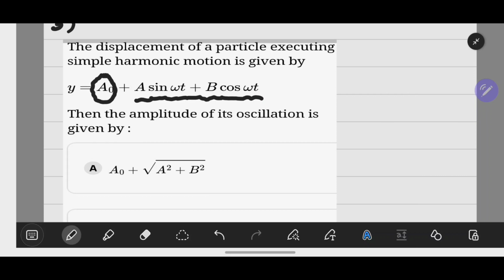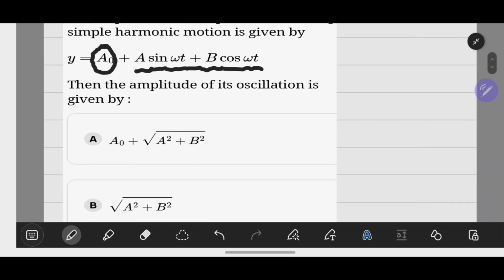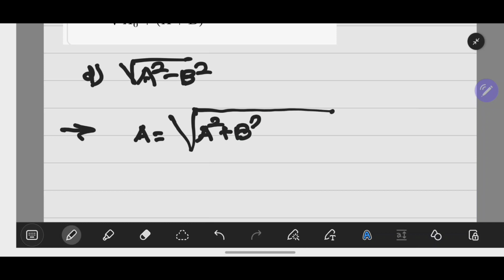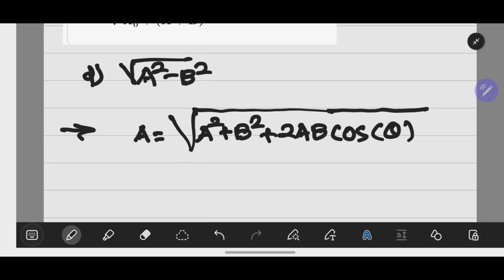So a sine and here the cos, obviously we know sine and cosine, we have the resultant displacement. So the resultant amplitude equation is given by under root of a square plus b square plus 2ab cos of theta. Theta means the phase difference between these two.